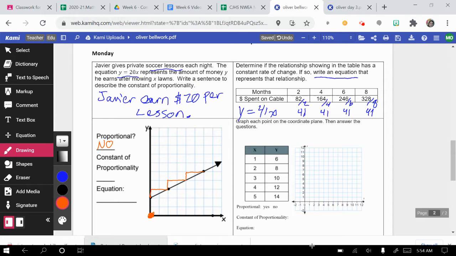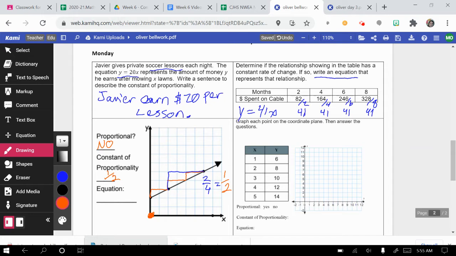Yes, it consistently does that. Even if I just went with the 2 dots there, that is going up 2 and over 4, the same as our half of going up 1 and over 2. So the constant of proportionality is a half.